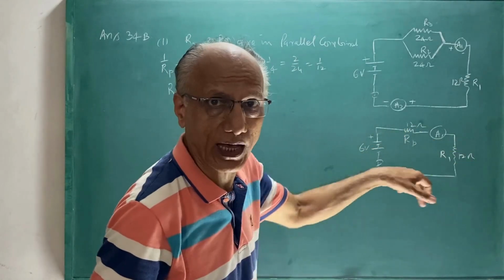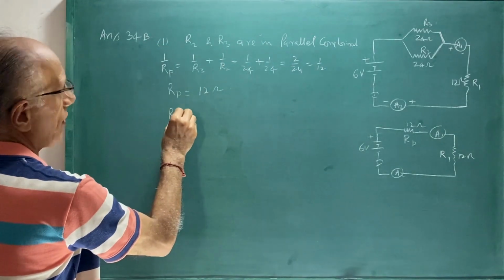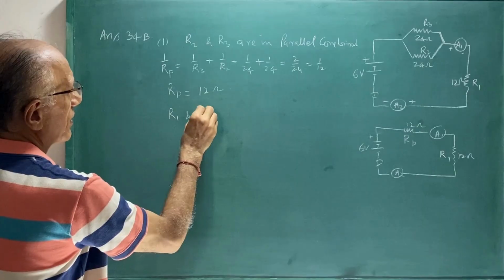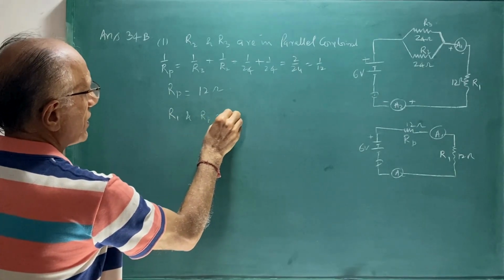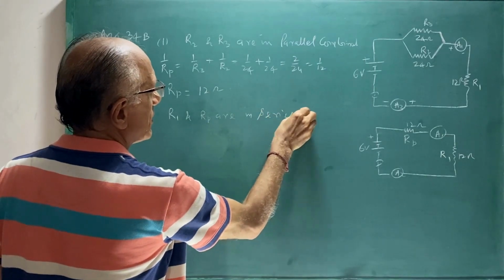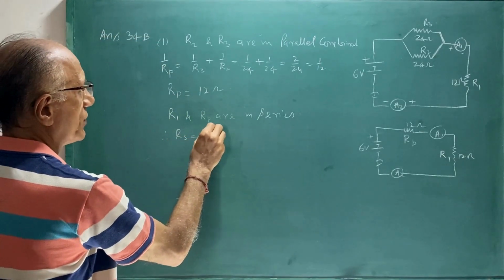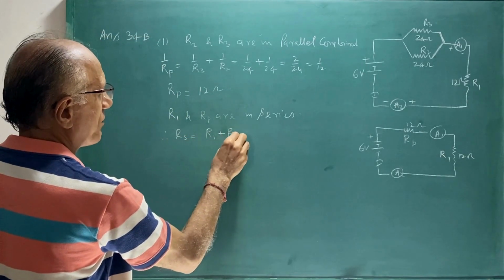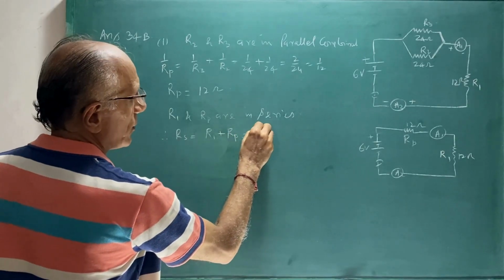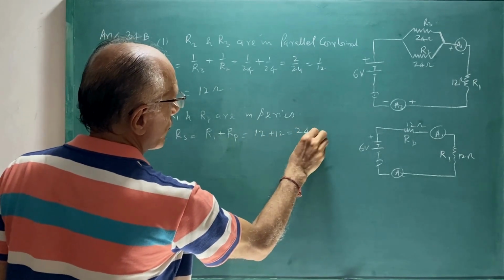Now these two are in series. R1 and Rp are in series. Therefore, R series equals R1 plus Rp, that is 12 plus 12, that is 24 ohm.